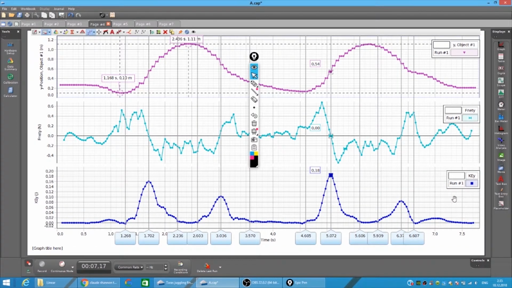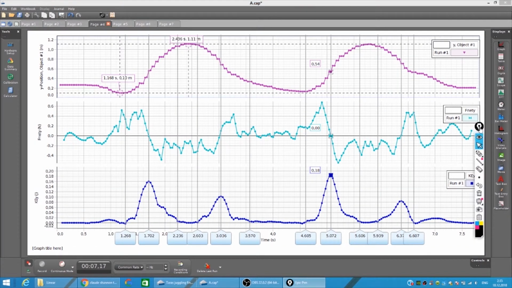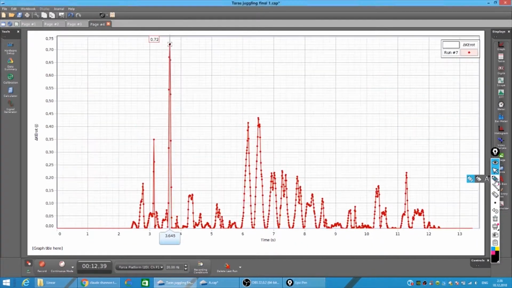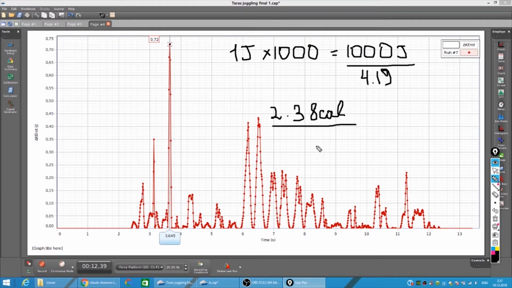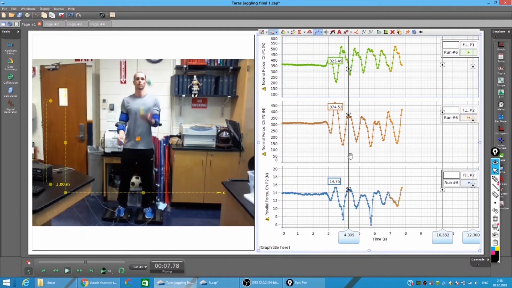I calculated as well how many calories I spent per single throw. So I took data from 3 sources and found that I spent approximately 2 calories per juggling session every day when I was learning how to do it.